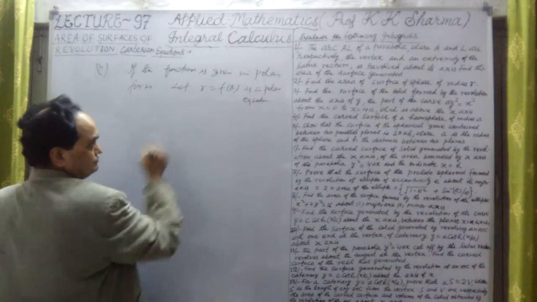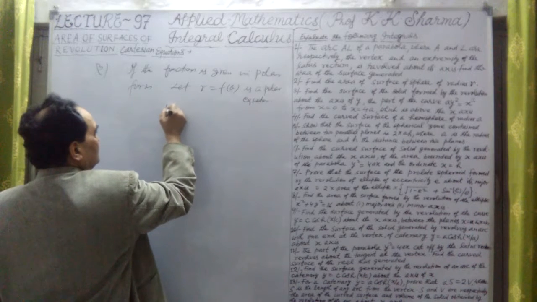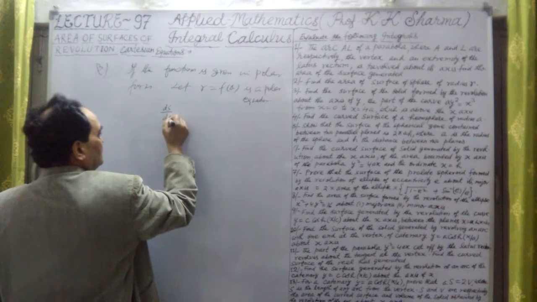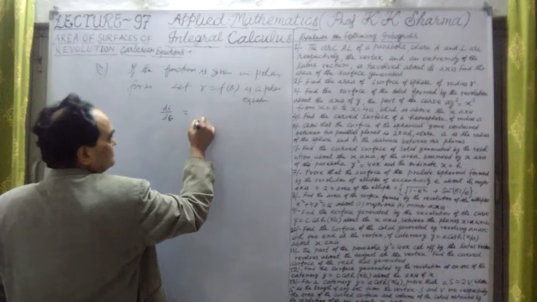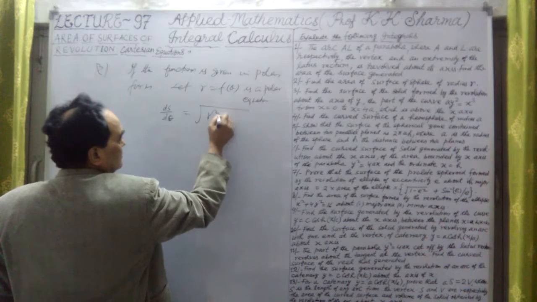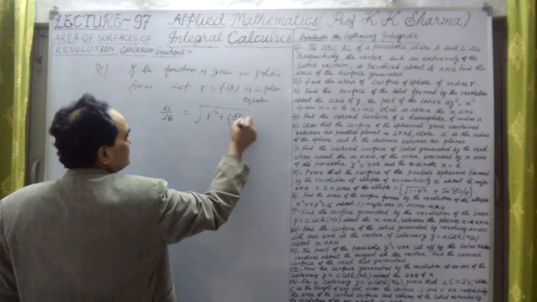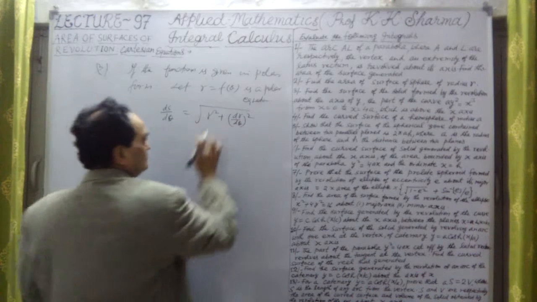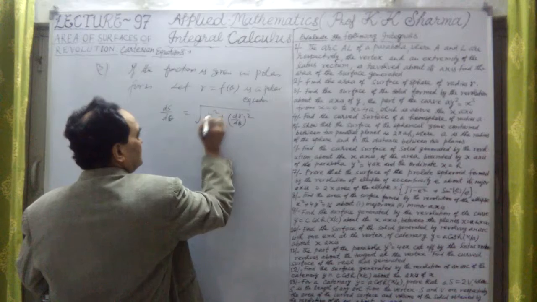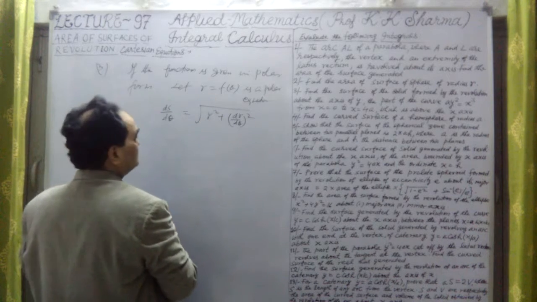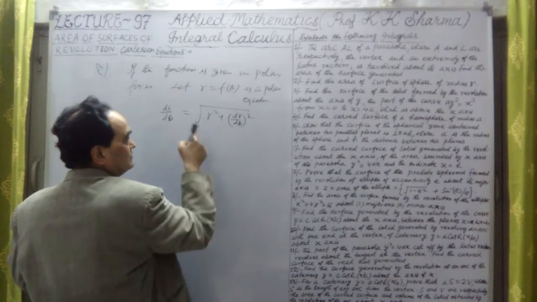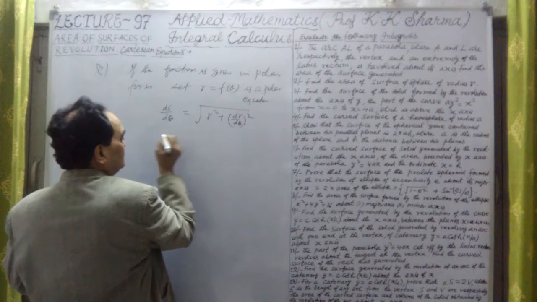Then what we do? We find ds upon d theta, which is given by the square root of r square plus dr upon d theta whole square. This we calculate here, and this value of ds upon d theta gives the formula.